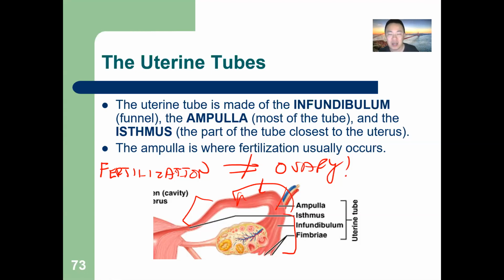And if you can imagine, if fertilization even did take place in the ovary, we'd have a lot of angry women out there, because all the egg cells would be fertilized in one shot. And that's unacceptable. So definitely in the fallopian tube, all the other egg cells that are sitting in the ovary are going to wait for their turn when the next cycle comes around, but they're not all going to happen at once. Okay, that would be pretty bad, right? A lot of angry women would be out there.